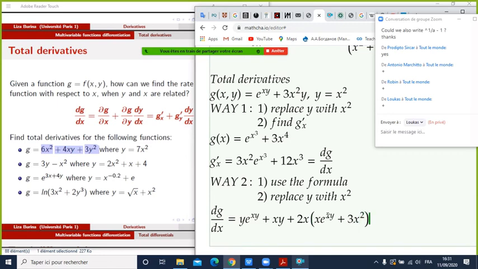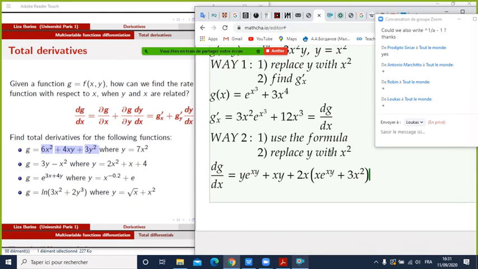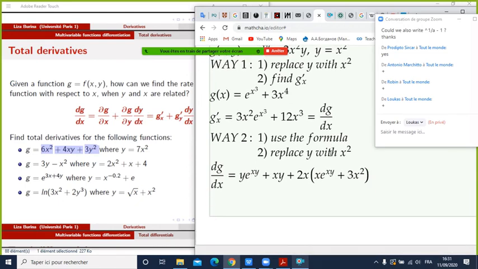Again, I know that it's correct, so if you didn't have time right now to follow through, you have this note, so make sure that you agree with my derivative.